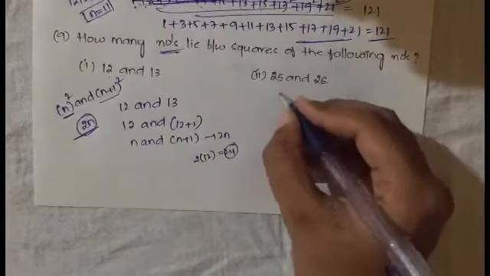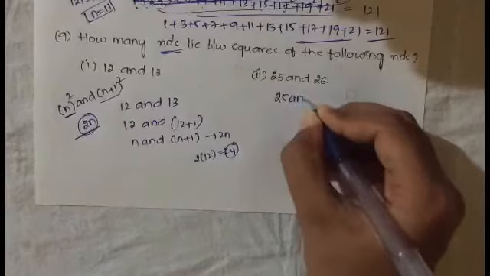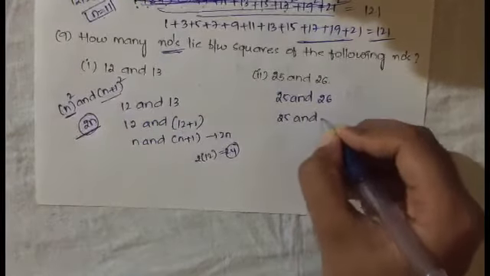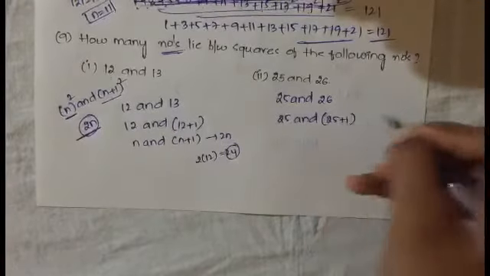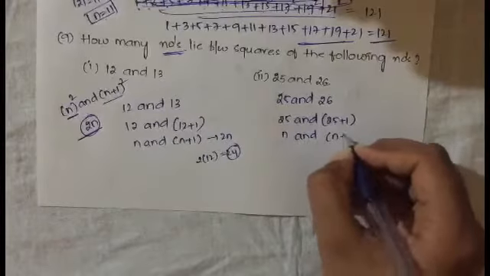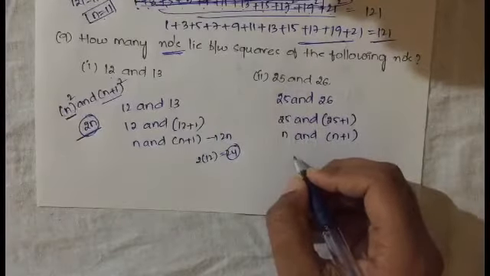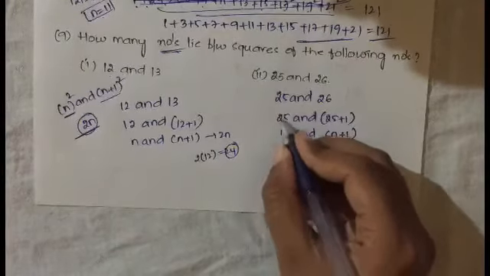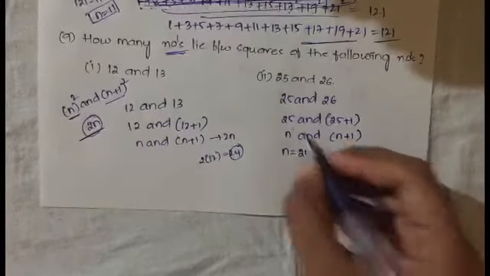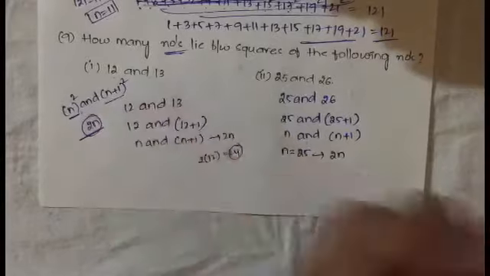Got it? The next is 25 and 26. You can express 25 and 25 plus 1, right? So this is in the form of n and n plus 1. Got it? Now here n is equal to 25. So there will be 2n numbers between n square and n plus 1 whole square.